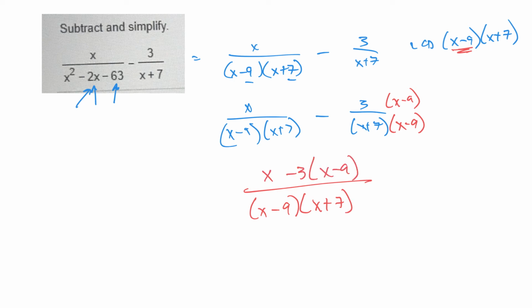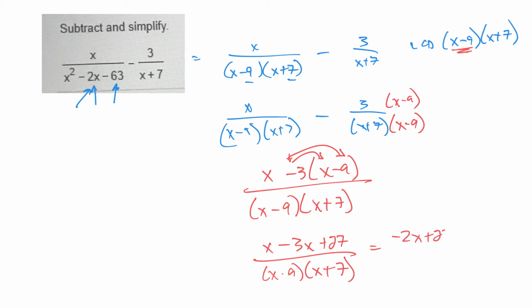I wrote that, I didn't automatically distribute it because of that negative. I have to be careful with that because it has to apply to both terms. So I'll have x minus 3x and then that'll be plus 27 over x minus 9, x plus 7. So on the top that's negative 2x plus 27 all over x minus 9, x plus 7.